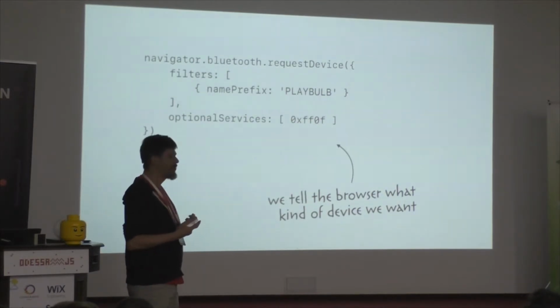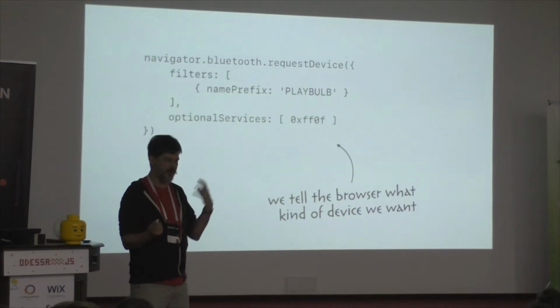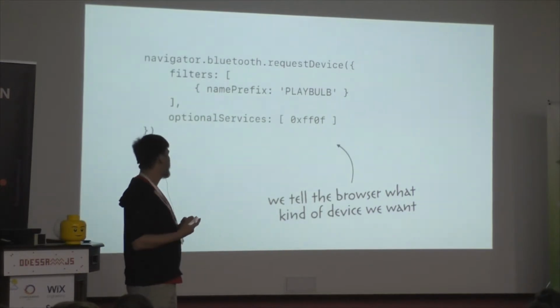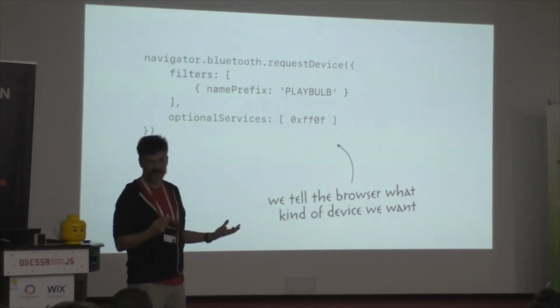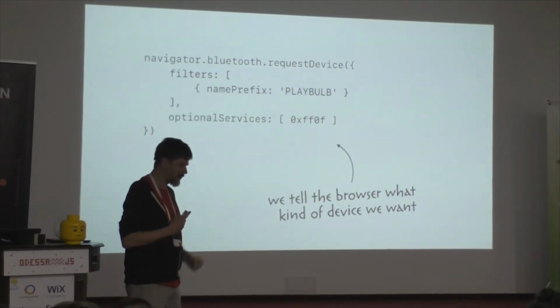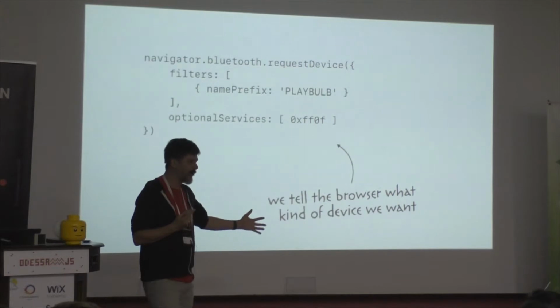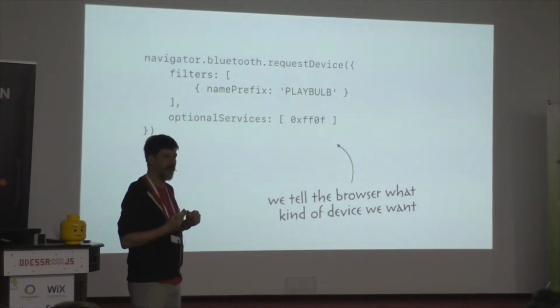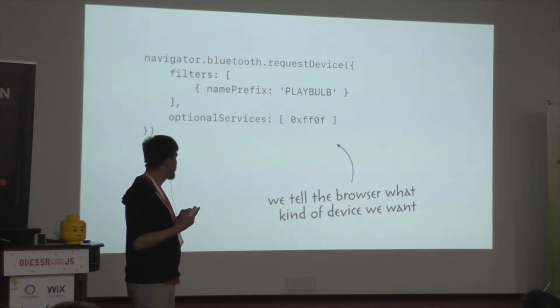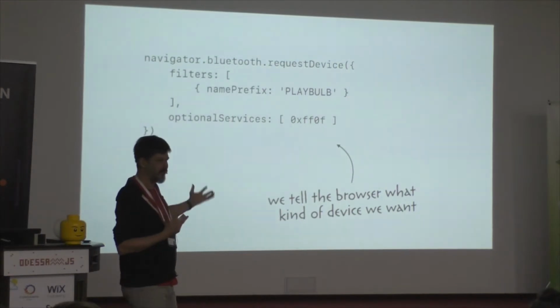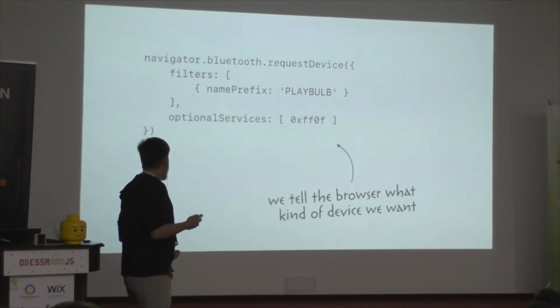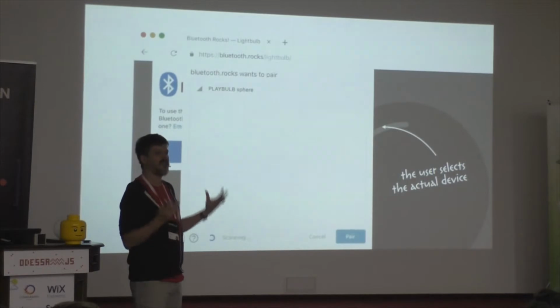For example, we say we want to have a device with a particular name. And we specify which services we are going to use. In this case, the service that we looked at just a moment ago was the FF0F service. So we're going to use that to connect to the device. Then we get a dialog box.